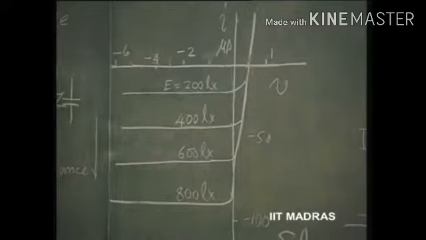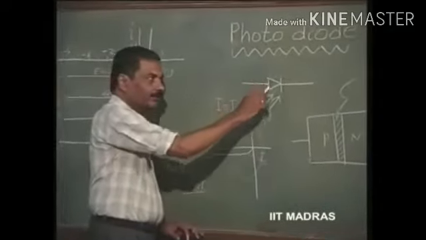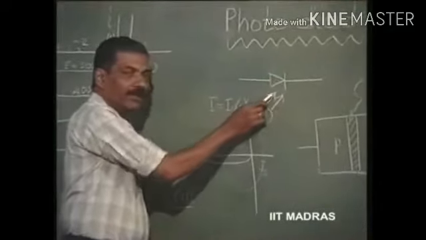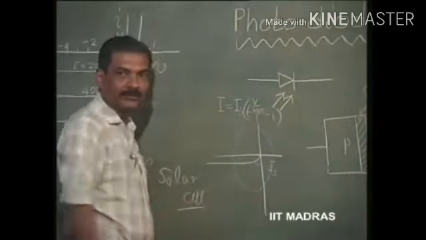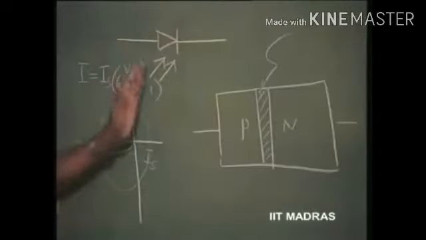And the symbol for that is just the ordinary diode with light falling on the junction indicated by arrows. So, light falling on the junction is indicated; that is the photodiode symbol.